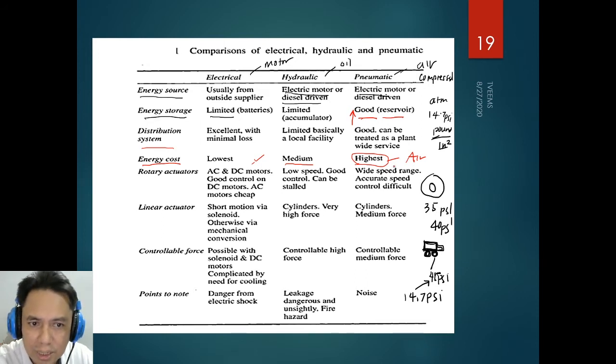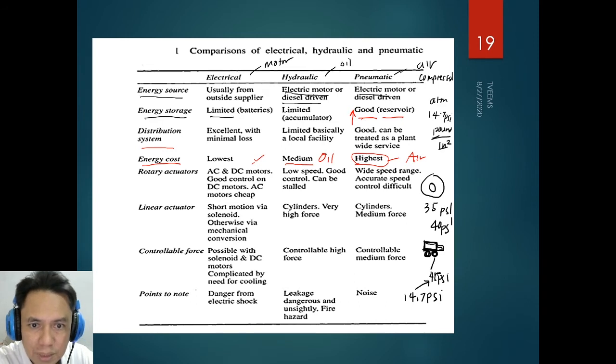You get the air, you compress it, you use it, then you throw it. Unlike in hydraulics, after you use the oil, you don't throw the oil outside the plant. Otherwise, your hydraulics will become dysfunctional.